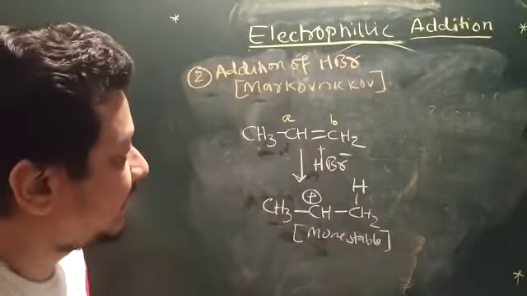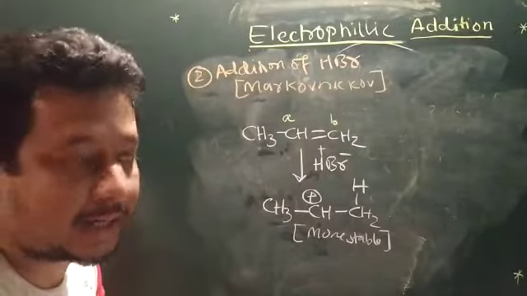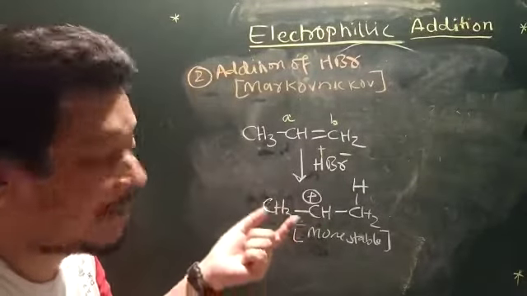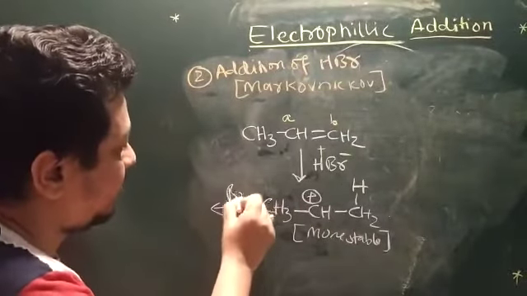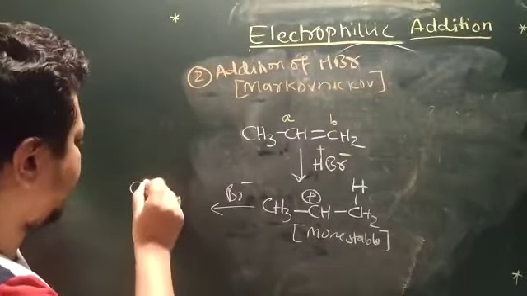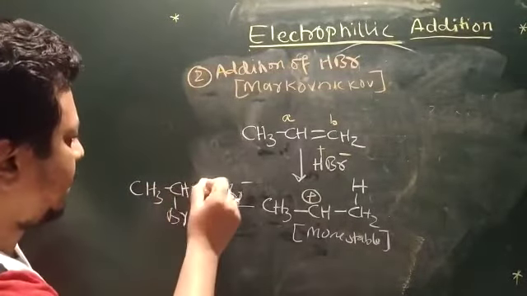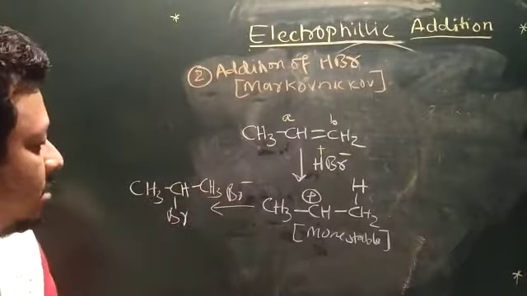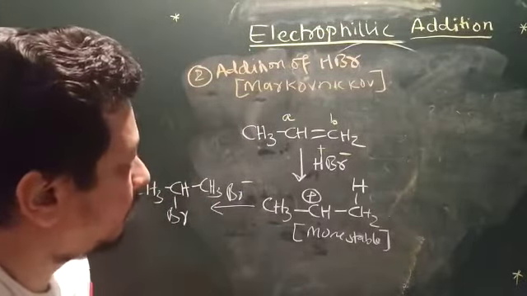So Markovnikov says that the nucleophile should be added to the more stable carbocation during asymmetric addition. So if the nucleophile Br minus comes over here, I'll be getting CH3 CBr H CH3. This is my product, and this is known as Markovnikov addition.